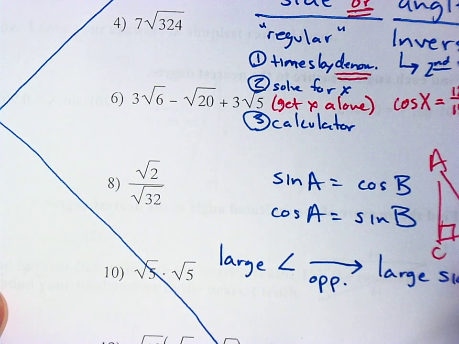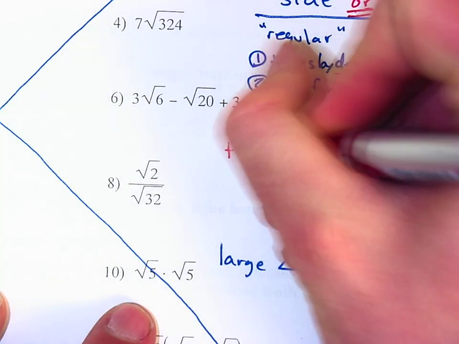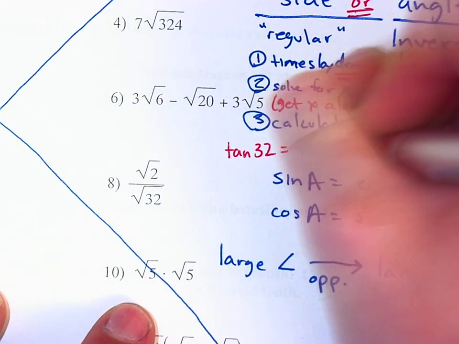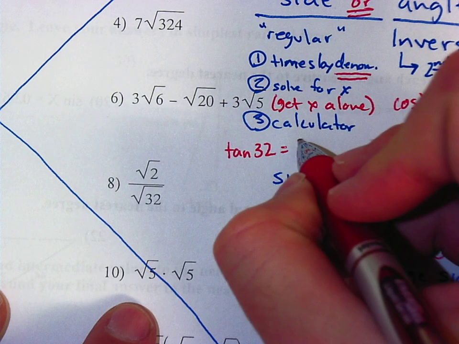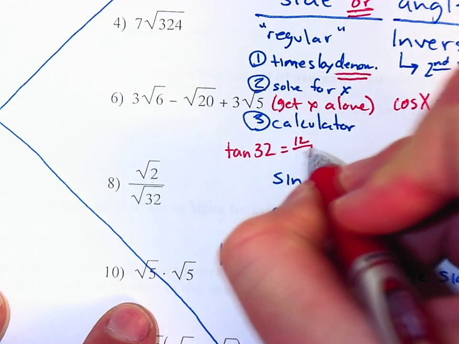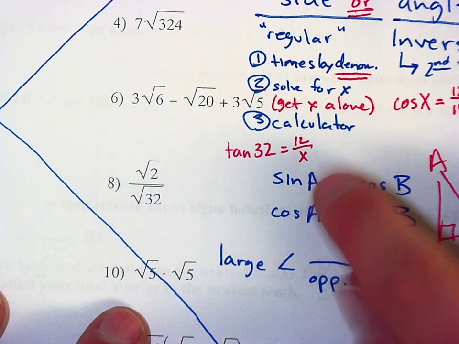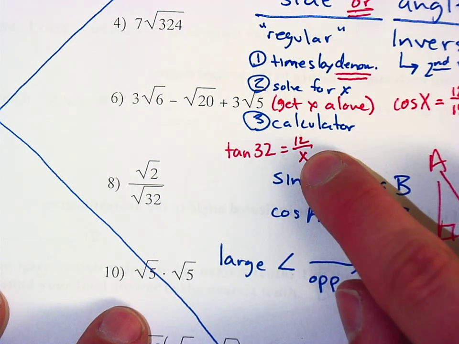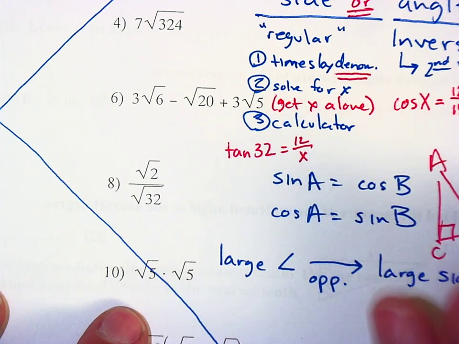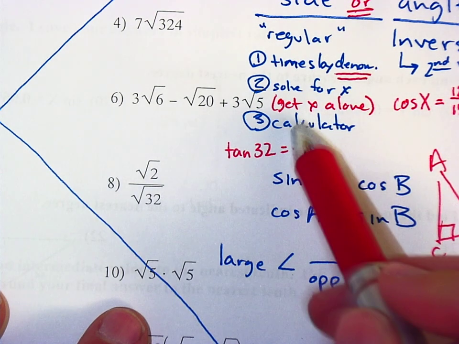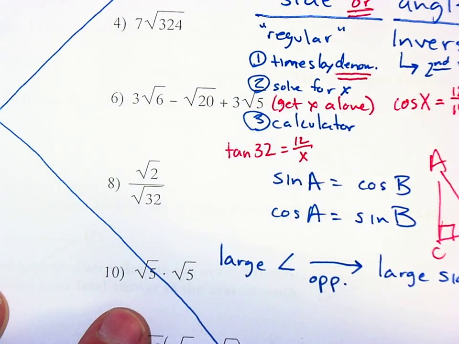So we're going to get something like tangent of 32 is 12 over x. No matter what this denominator is, if it's a variable or a whole number, we're going to multiply by that denominator. And then we're going to solve for x, so we want to get x alone.